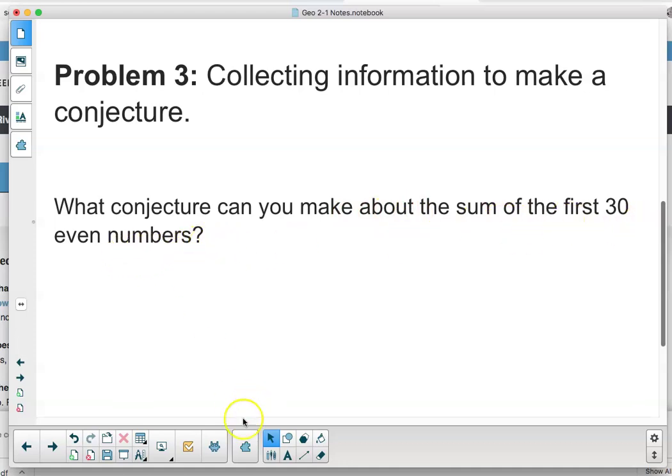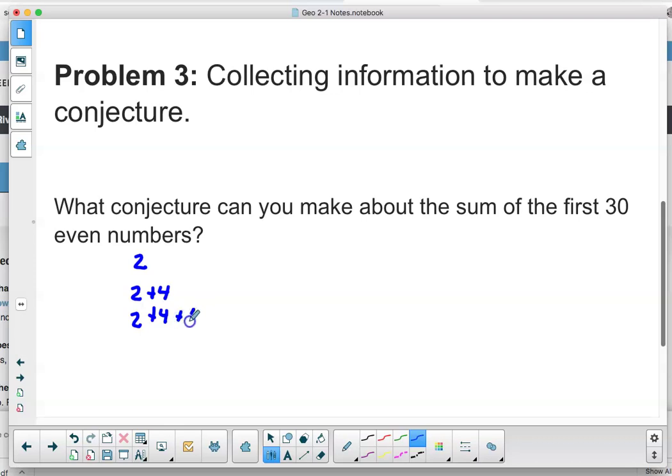The first 30 even numbers. And what's that mean? So if I add the first 30 evens, the first one is 2, then I have 2 plus 4, and that's 2 numbers. Then I've got 2 plus 4 plus 6.